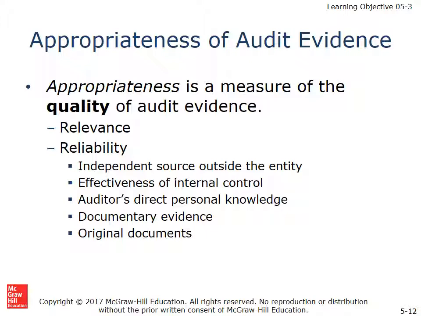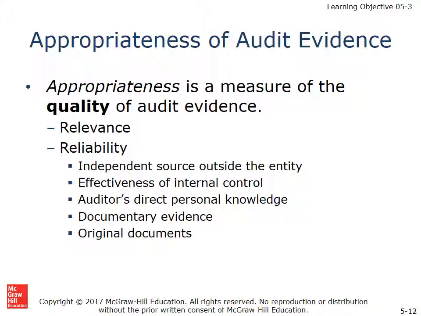Well, you'll want to go to the shipping documents, because that's where the company normally documents everything that is shipped, and then go back to the sales journal to see that. If the auditor instead looks at sales invoices, well, that doesn't mean anything. That's what you billed. That's not what you shipped. Those are two different things, so you need to understand the difference between those two. What is relevant? What are you trying to prove here? Make sure you're using relevant audit evidence.